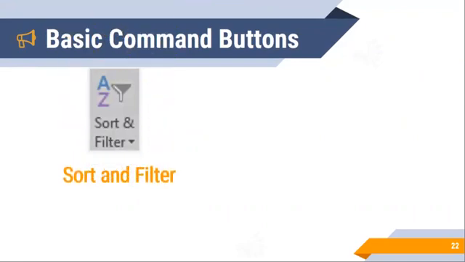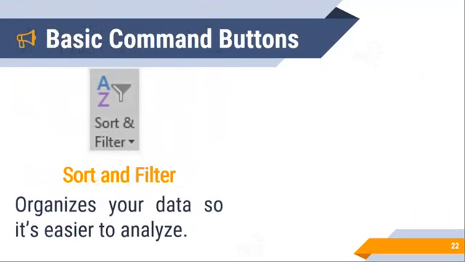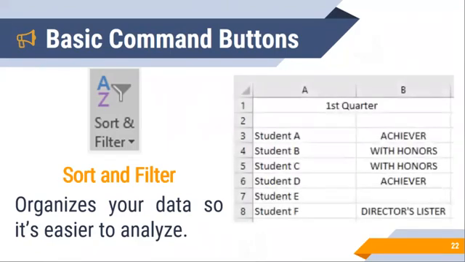Then we also have sort and filter, which can help you in arranging your data alphabetically, whether it is in ascending or descending order. Ayan, so for the sort, pag halimbawang kailangan natin ay in alphabetical, pwede nating gamitin yung sort, kagaya po ng meron din sa Microsoft Word.